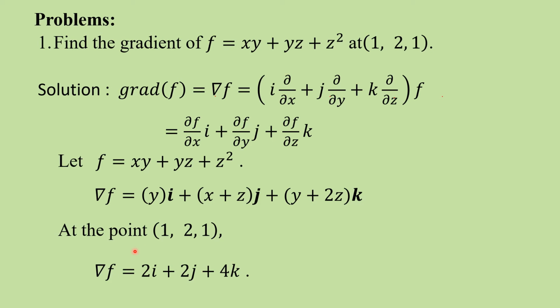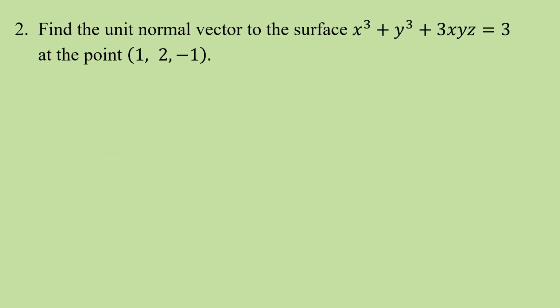So the gradient of f for the given problem f equal to xy plus yz plus z square at the point (1, 2, 1) is 2i plus 2j plus 4k. So it is evident that the gradient acts on a scalar, but the resultant is always a vector quantity.